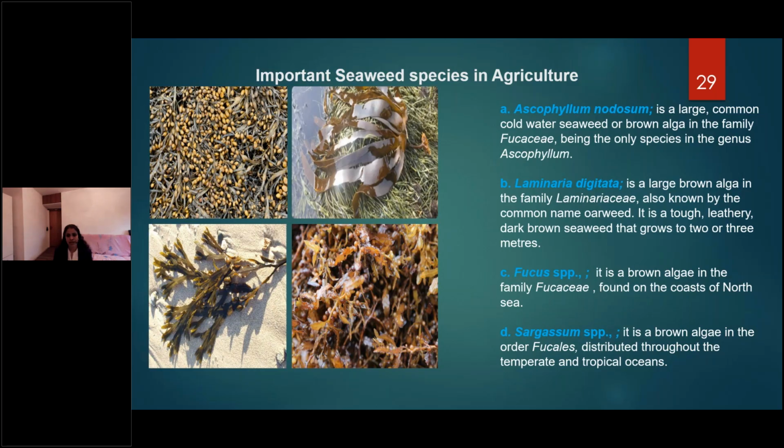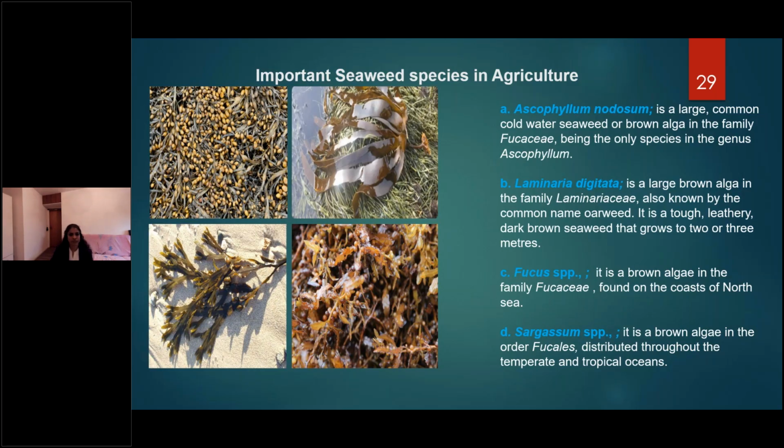It's a large brown algae in the family Laminariaceae, also known by the common name oarweed. It is a tough, leathery, dark brown seaweed that grows 2 to 3 meters. Fucus species, the third picture, is a brown algae in the family Fucaceae found on the coast of the North Sea. And the last is Sargassum species. It is a brown algae in the order Fucales, distributed throughout the temperate and tropical oceans.